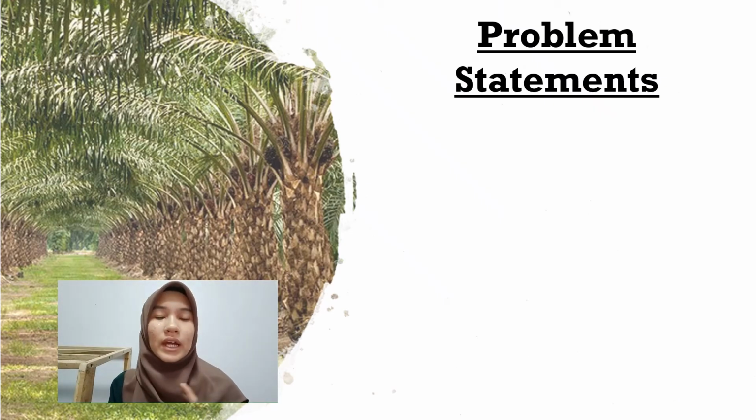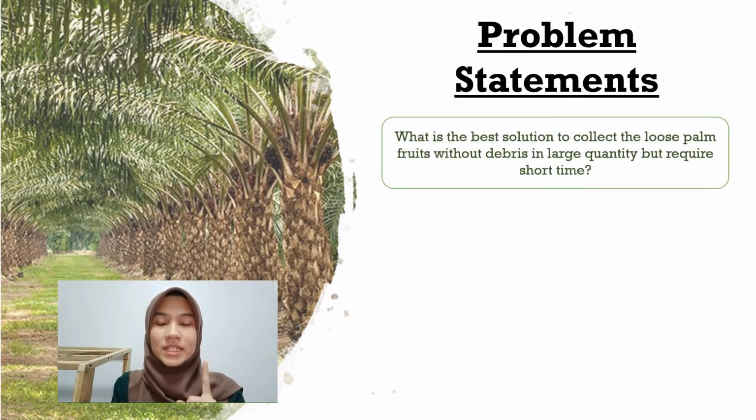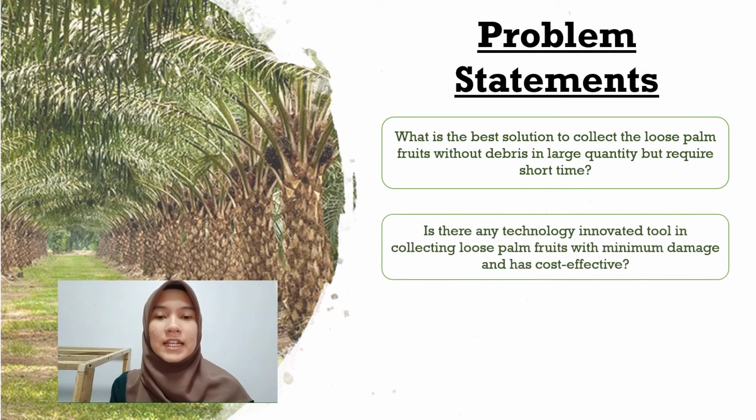So, what are the problem statements referring to the literature review conducted? There are 3 problem statements found. First, what is the best design of loose palm fruits collector that does not collect foreign material together in short time? Second, is there any technology innovated tool for collecting loose fruits with minimum damage and cost effective?